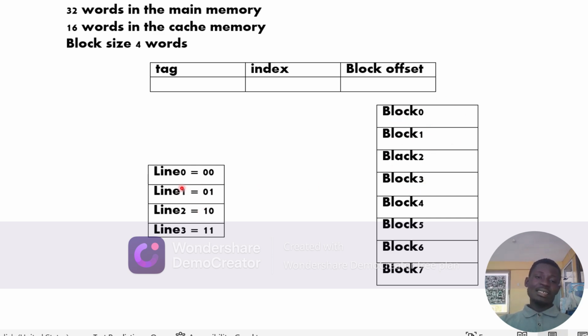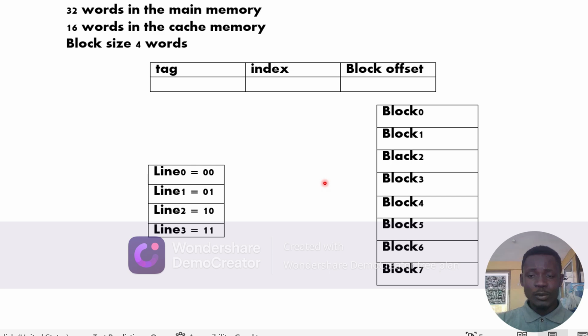So the definition for direct mapping is that each block is mapped to a single, specific place. We have to map each block here to a specific place. It means each line will contain 2 blocks from the main memory.